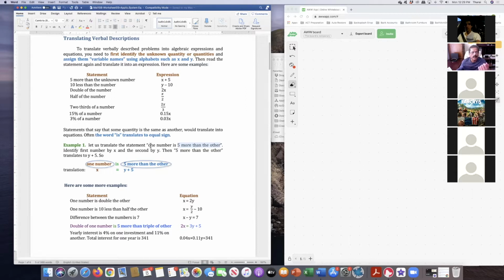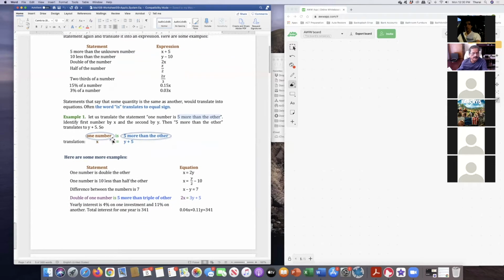Therefore, the one number, which is X, is equal to Y plus 5. So the word is translates to the equal sign. Here's the complete statement: one number is 5 more than the other is the same as X equal to Y plus 5. If you just dissect the whole statement, you can easily translate that.